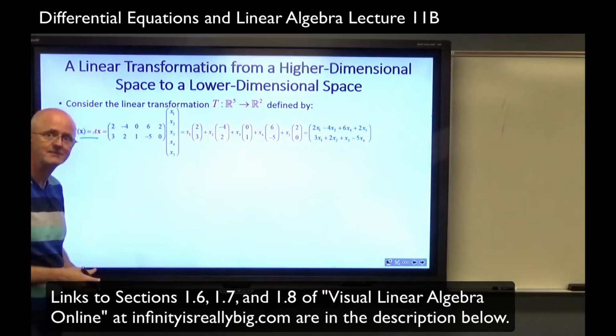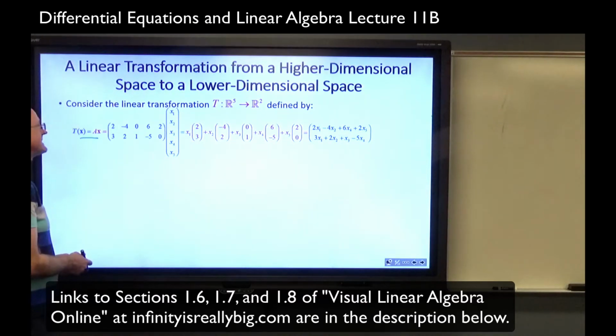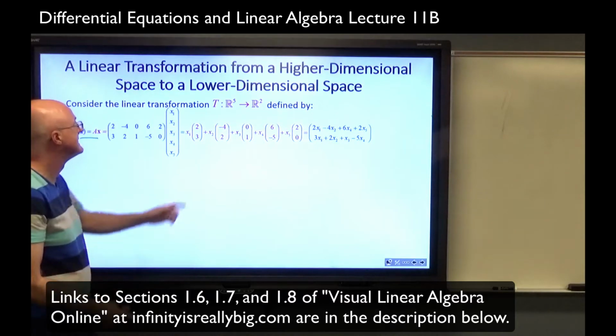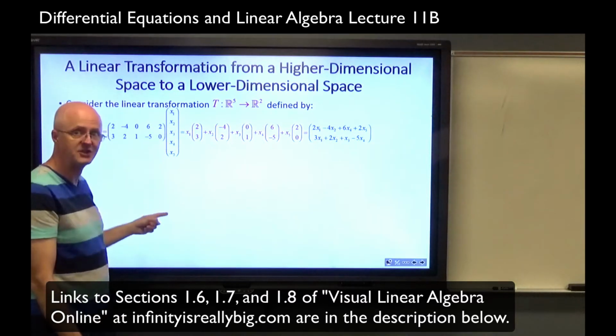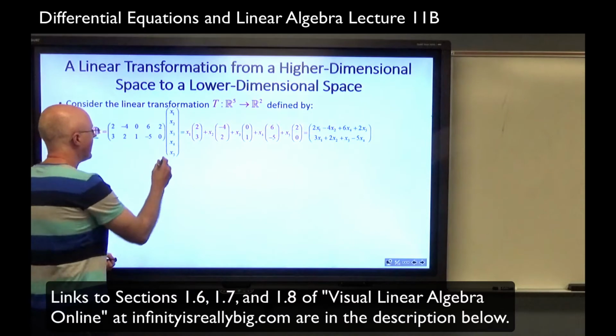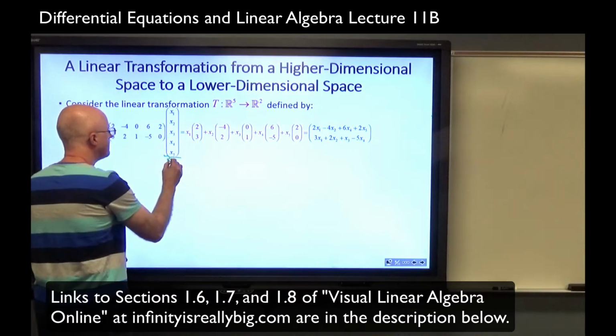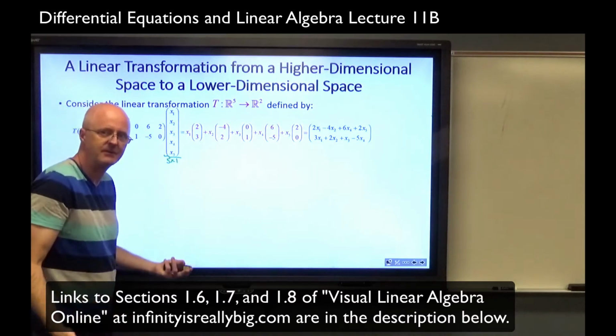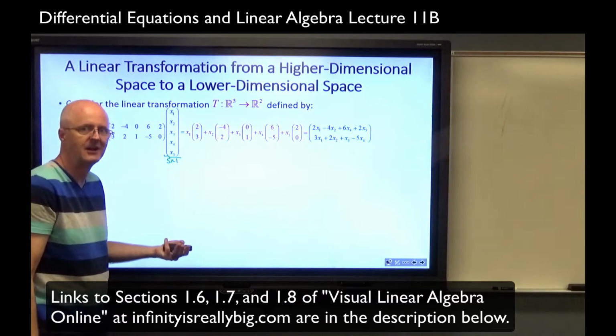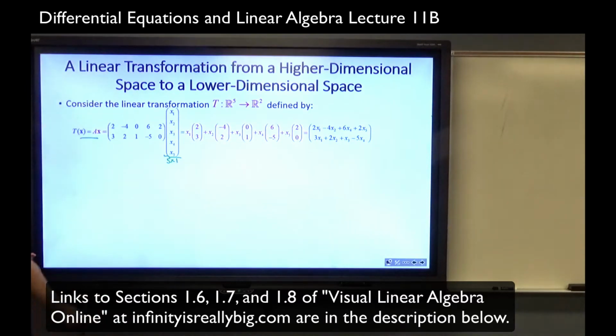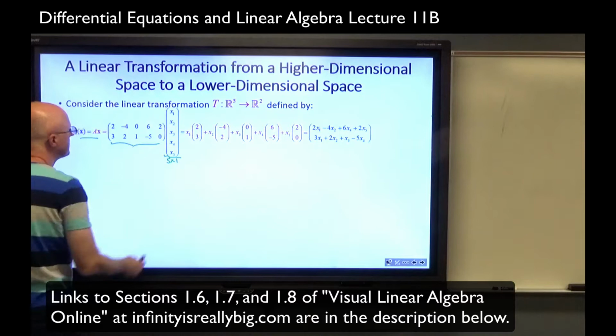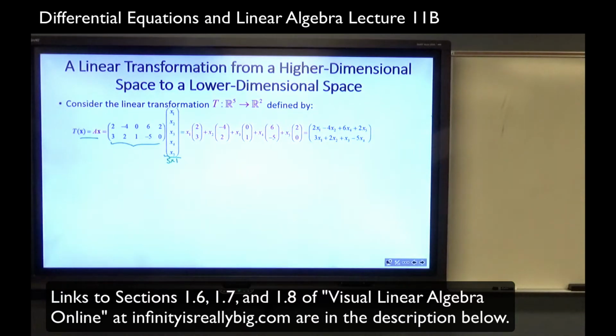A is a matrix, and that matrix better have 5 columns since x is 5-dimensional. x is a 5 by 1 matrix, also a 5-dimensional vector. We've been typically writing our vectors as column vectors. In order for A to be able to be multiplied on the left times x, it better have 5 columns.